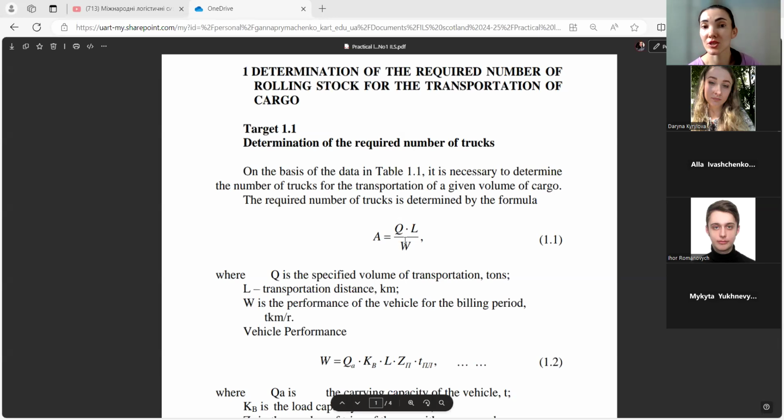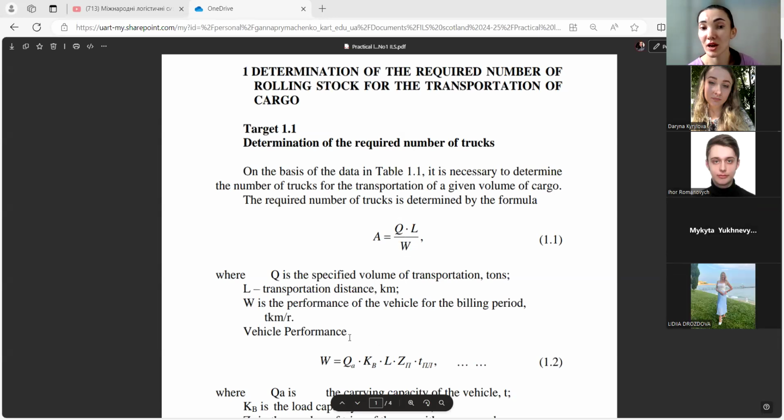And in the down, we use the result decided of our formula 1.2. Okay, do it. And we can see how many cars we need to transportation our volumes of goods on your variant.